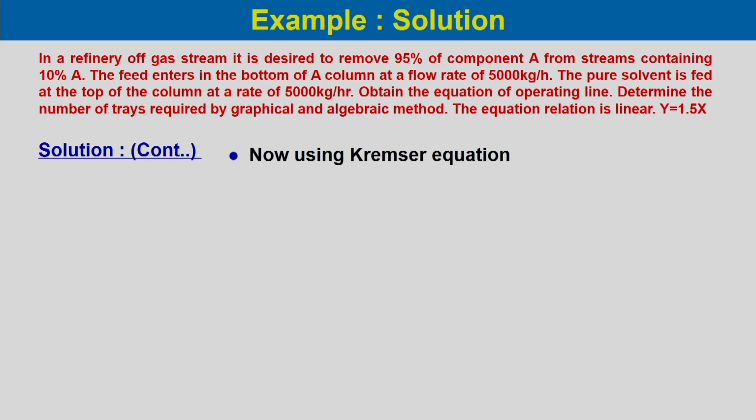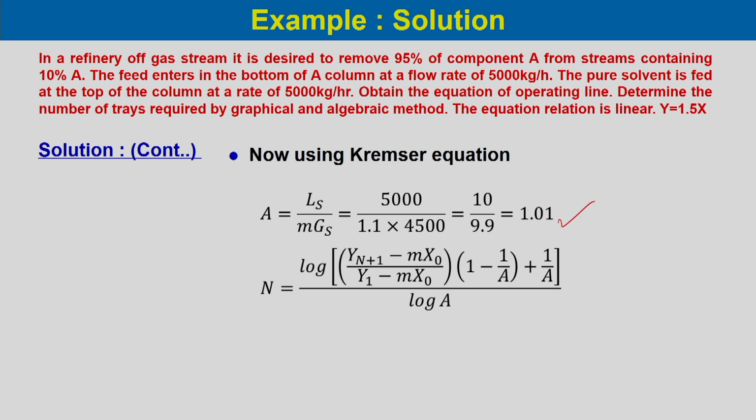Now, if we use the Kremser equation here, the absorption factor we can calculate as Ls by m Gs, which is 5000 divided by 1.1 into 4500, which is 10 by 9.9, equal to 1.01. So, the absorption factor is known to us.